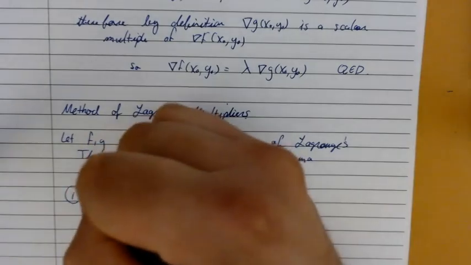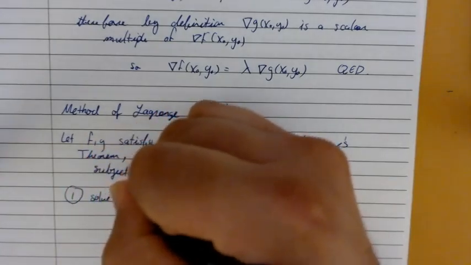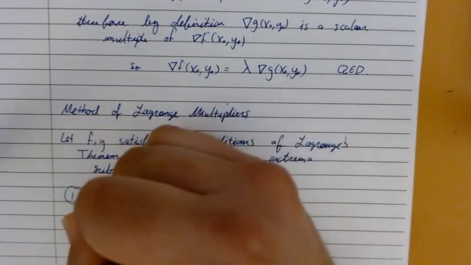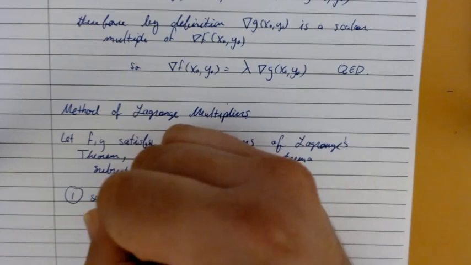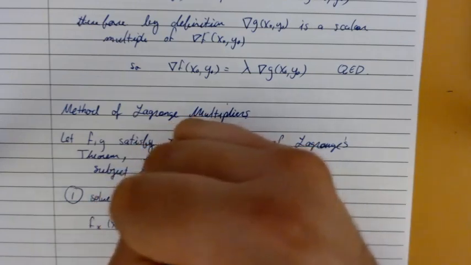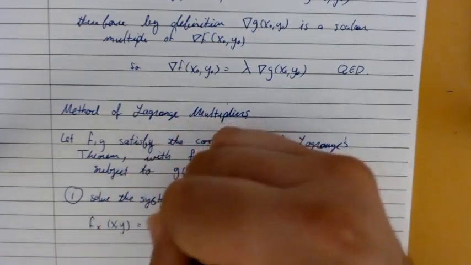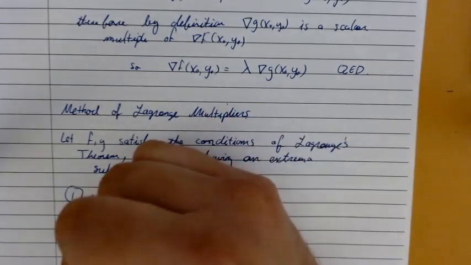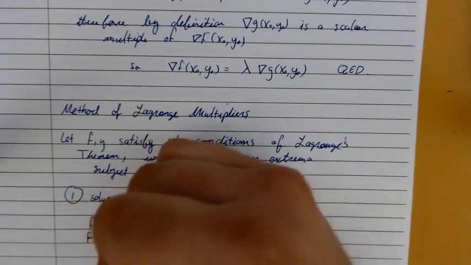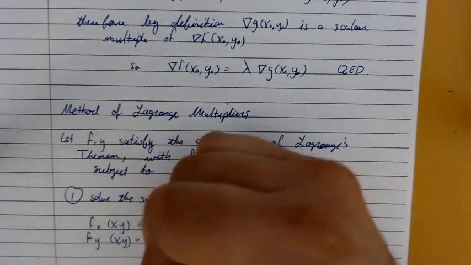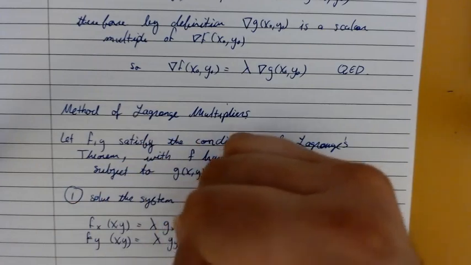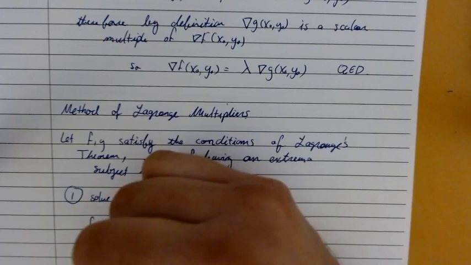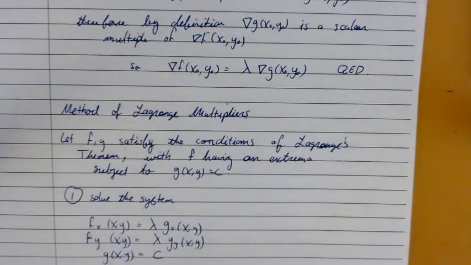You're going to solve the system of equations. f sub x at x comma y equals lambda g sub x at x comma y. f sub y at x comma y equals lambda g sub y at x comma y, and g of x comma y equals c, the constraint.